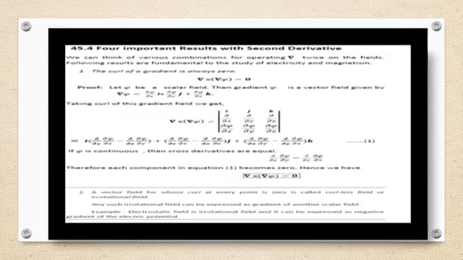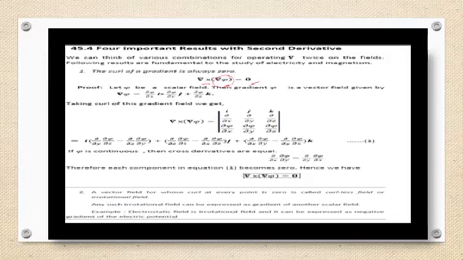Next we will note some important properties. Curl can be defined for any vector field. First you take gradient. Therefore once you have differentiated, then you define curl for that resulting vector field, and that will be always 0.